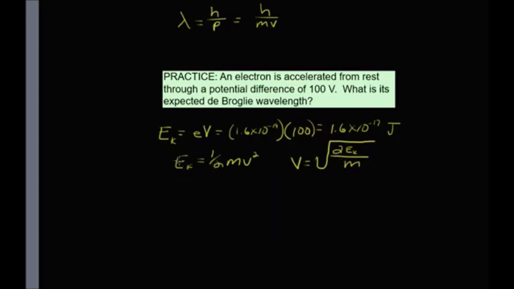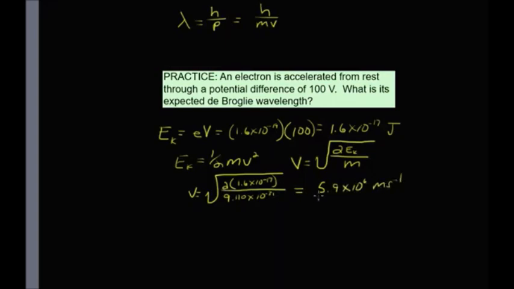Yeah, okay, so that looks good. So velocity equals the square root of 2 times 1.6 times 10 to the minus 17th divided by the mass of the electron, 9.110 times 10 to the minus 31. Take the square root of that, and we get a velocity of 5.9 times 10 to the 6 meters per second.